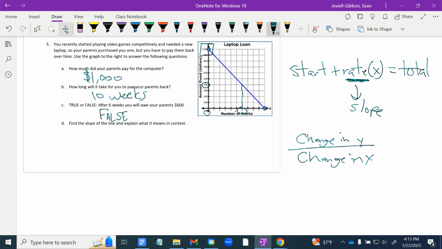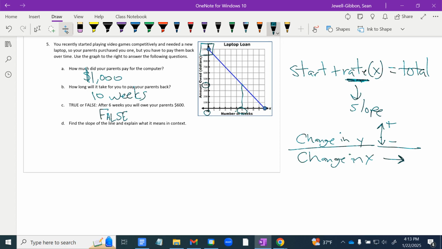On top, the change in y is either how much it goes up, which would be positive, or how much your function goes down, which would be negative. On the bottom, the change in x, you're always going left to right, so you don't need to worry about positives or negatives there. You only worry about positives and negatives up top. You always read graphs going from left to right.